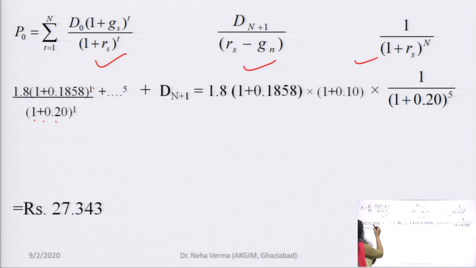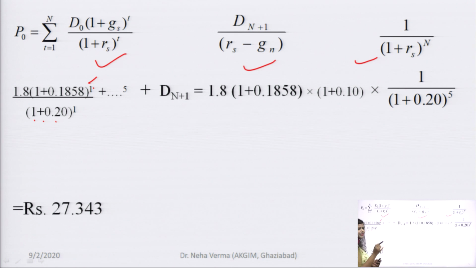This is the term for 1 year. Similarly, the same term will be written for the second year, third year, fourth year and fifth year, and with that we will calculate this entire term for the total of 5 years for which phase 1 lasts in the question. So, similarly, this is the calculation for year 1.